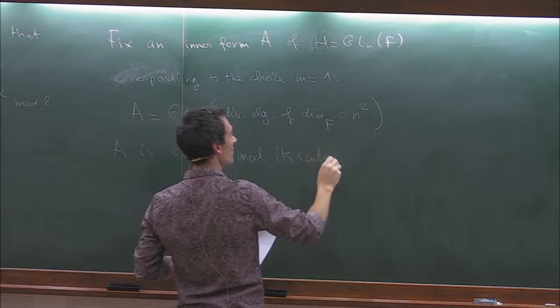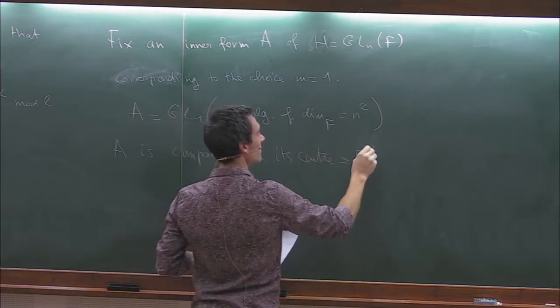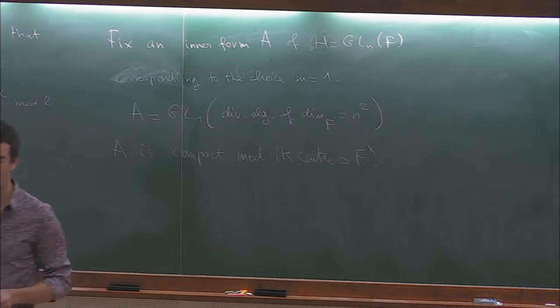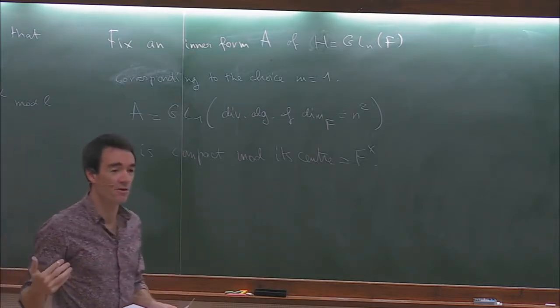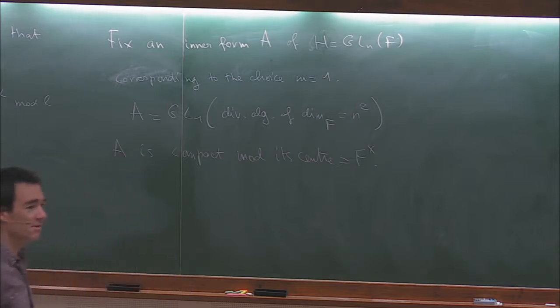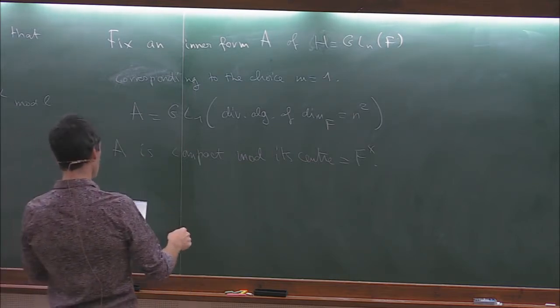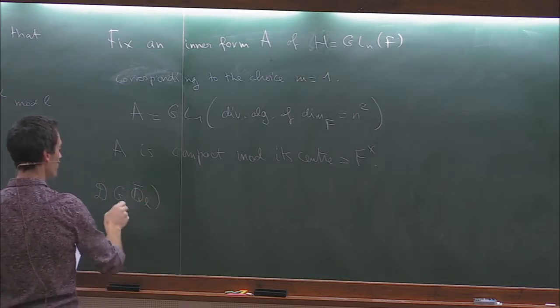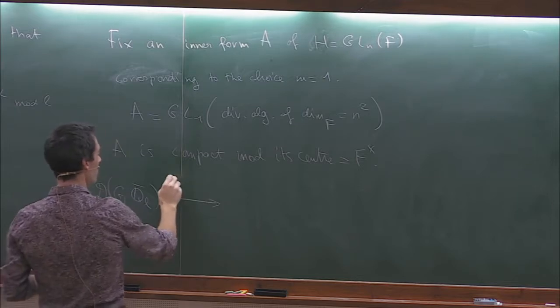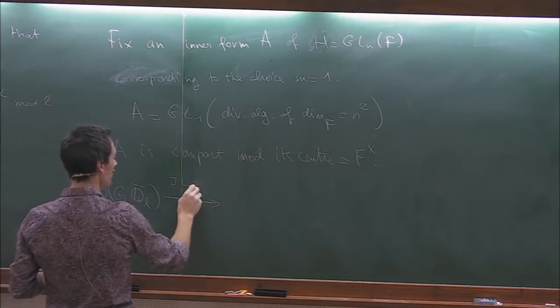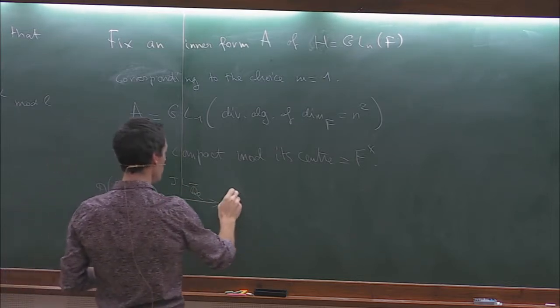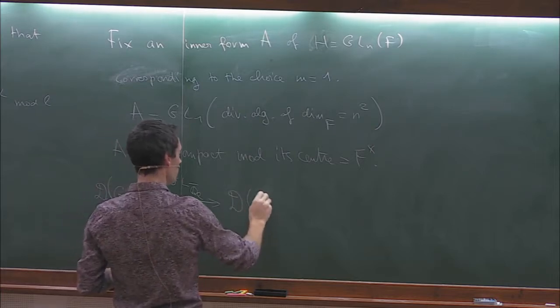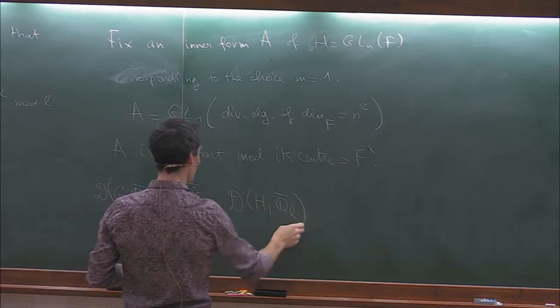But its center is F^×. And instead of the usual Jacquet-Langlands correspondence, I'm going to consider the following one. You start with D(G, Q_l bar). You apply the Jacquet-Langlands correspondence as I have defined it, so you go to D(H, Q_l bar).